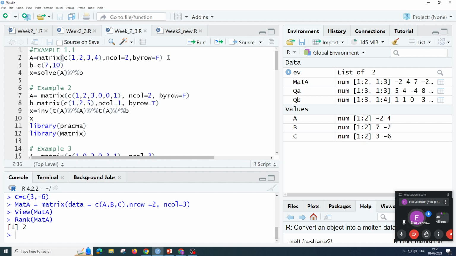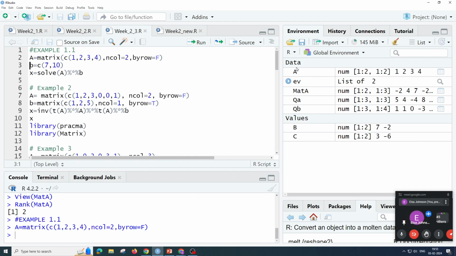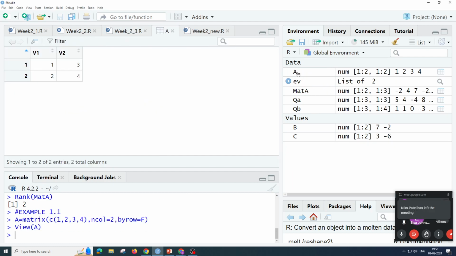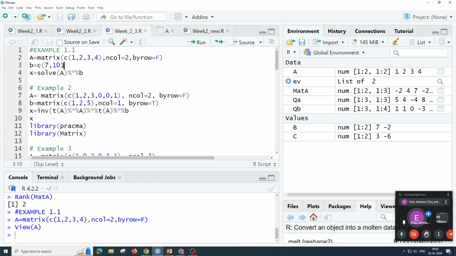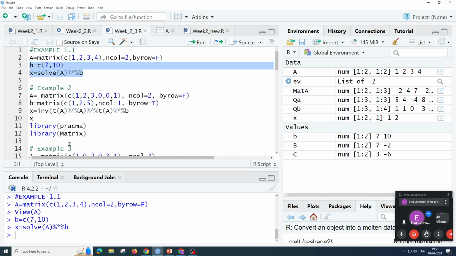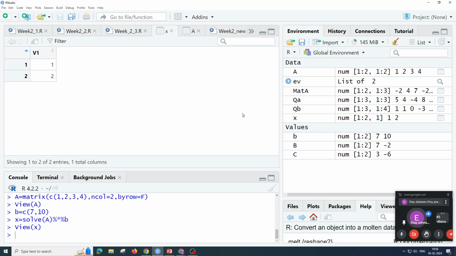Now for this one, this is another example. Matrix A is given like this, 1 1 1 2 3 4, and B is given like 7, 10. Now if I give x equal to solve of A into B, that will be coming like 1 comma 2.